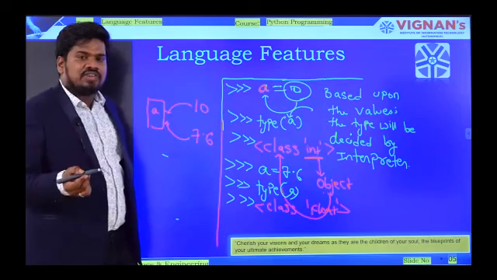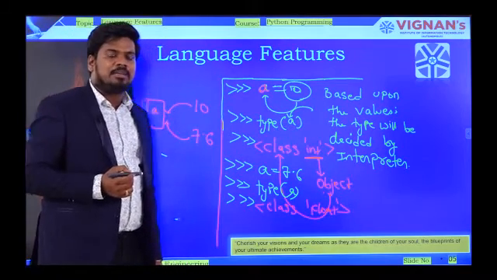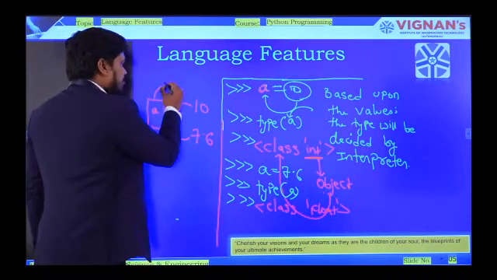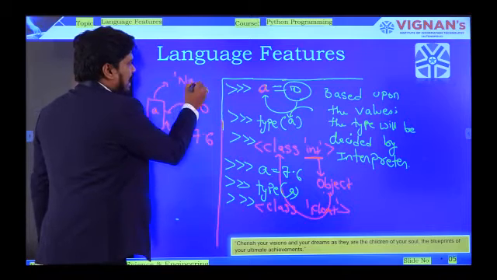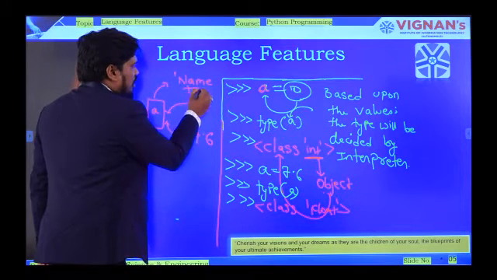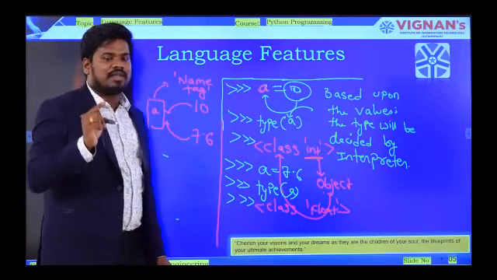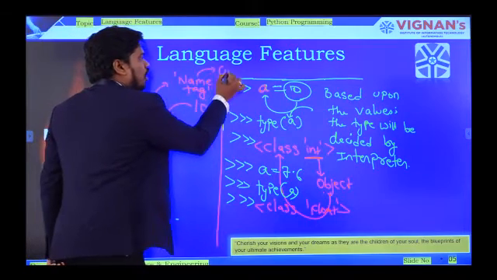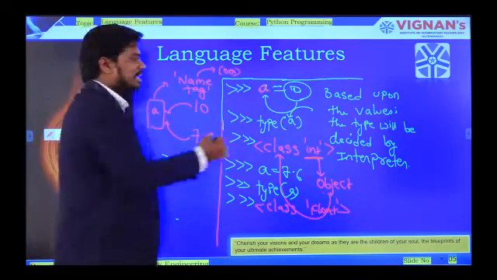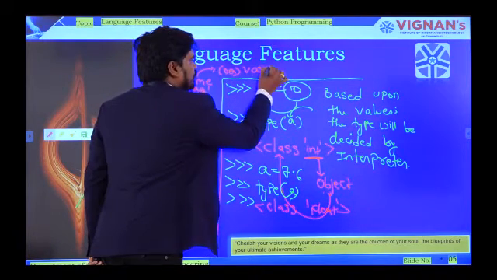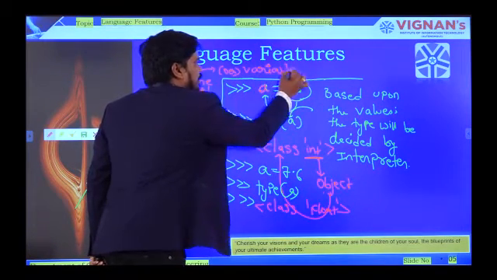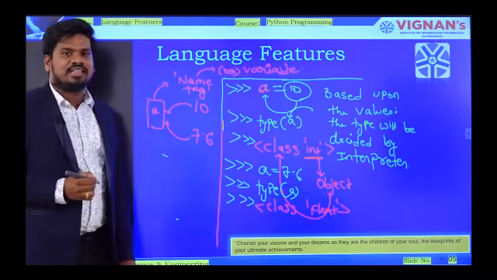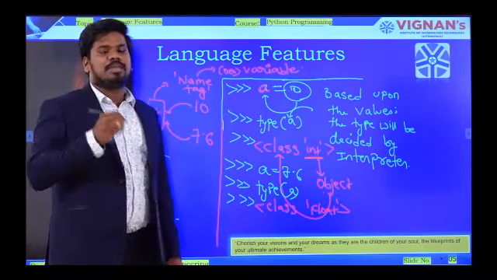That is why Python is called a dynamically typed programming language, because under one name tag, I will call it a name tag. This can be called a name tag in Python. Remember that in Python it can be called a name tag, or it can be called a variable. I hope it is clear for you why Python is called a dynamically typed programming language.